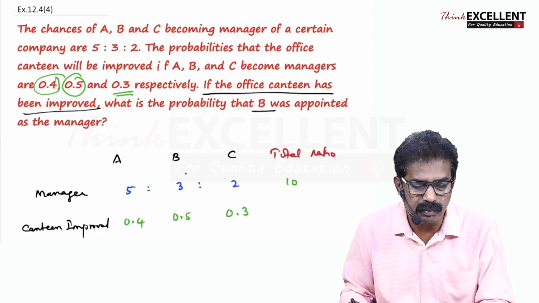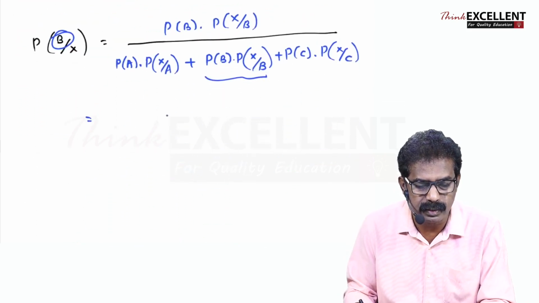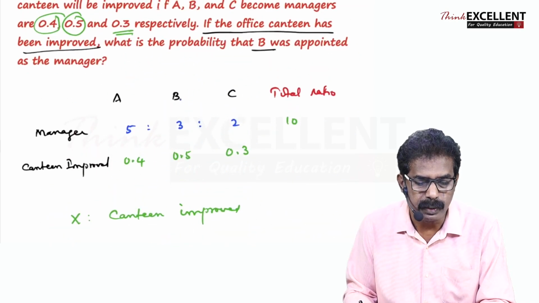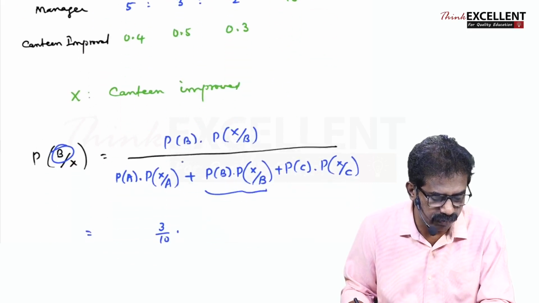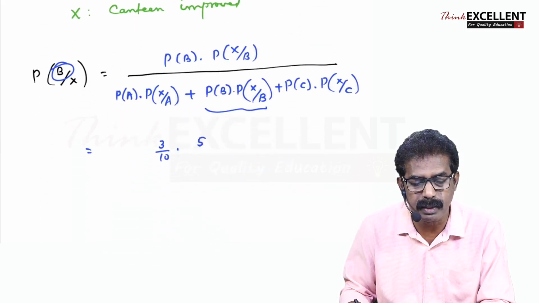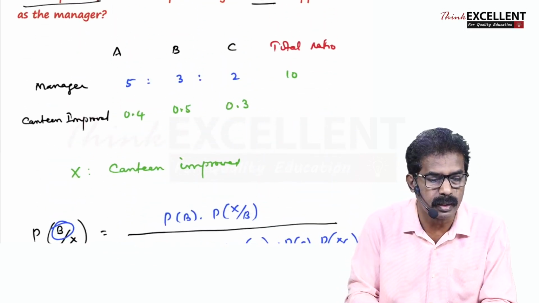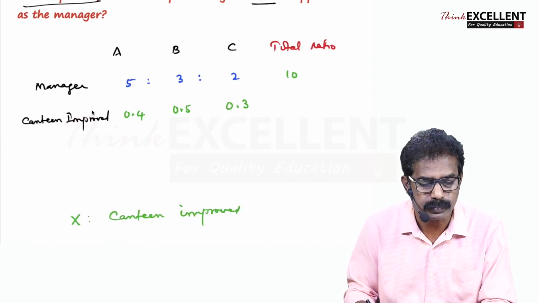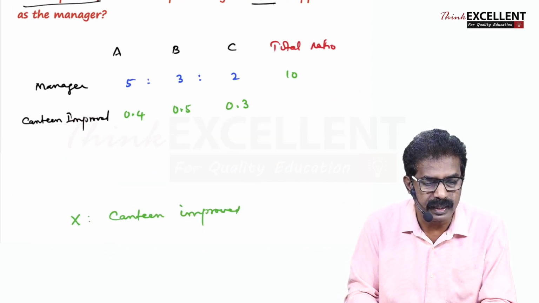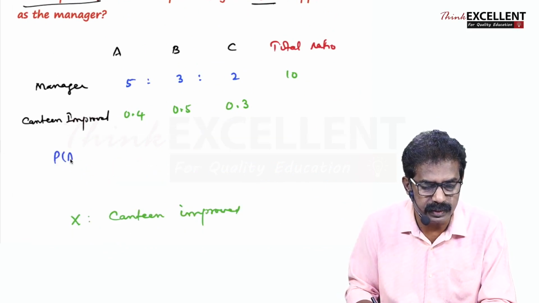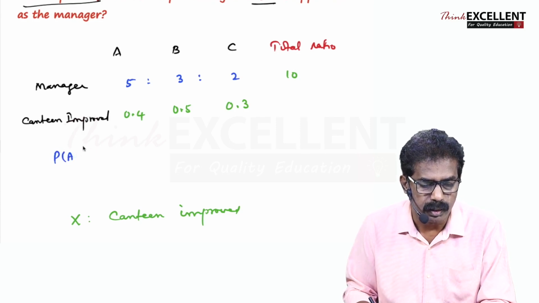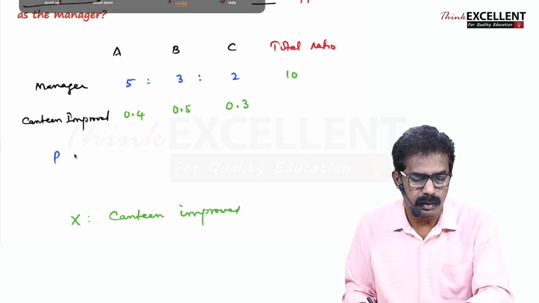P of B. What is P of B? 3 by 10, right? So 3 by 10 into B improves canteen is what? 0.5. 0.5 means 5 by 10. So if you want, you can write that first itself, right? P of A is equal to, improved, right?